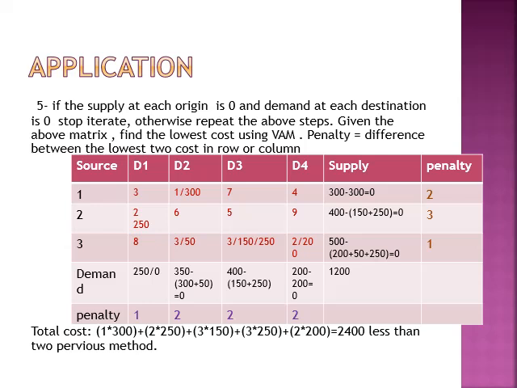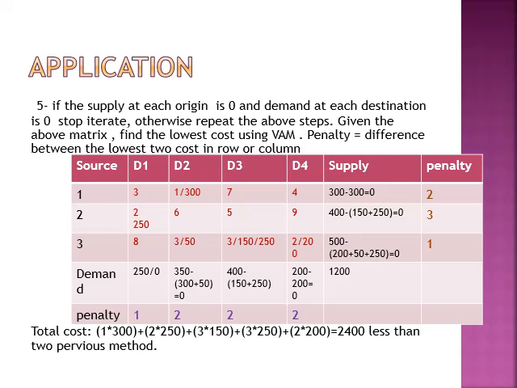So source 3 has 500 units, so it can give D4 200. The remaining stock for source 3 is 300. Now the demand of D4 equals 0.